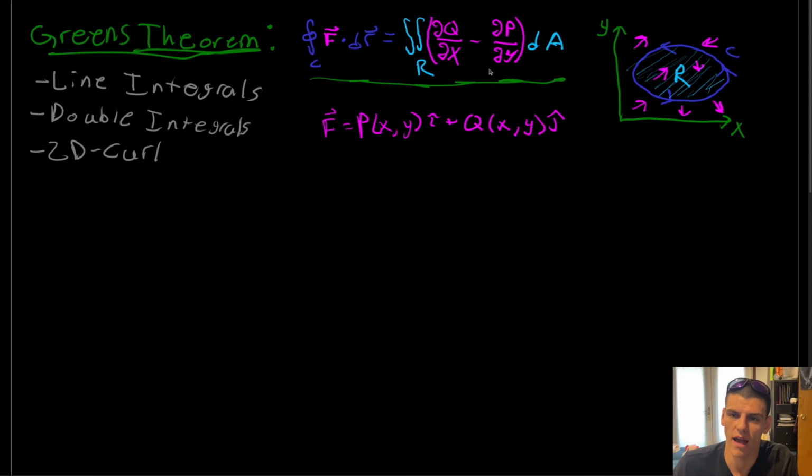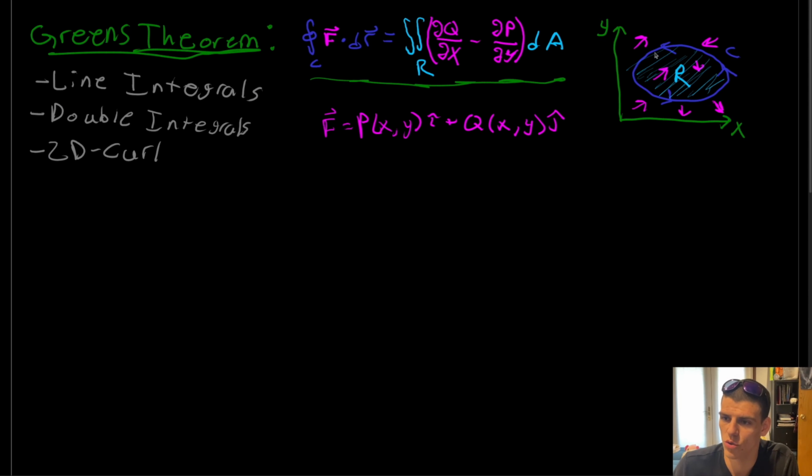Now the other side of the equation is equating this line integral around the curve C to the double integral over the region R, which is enclosed inside of that curve C, of the 2D curl at each point.